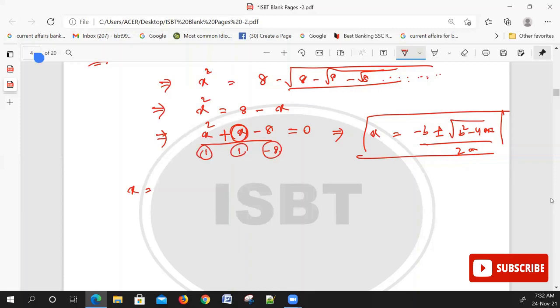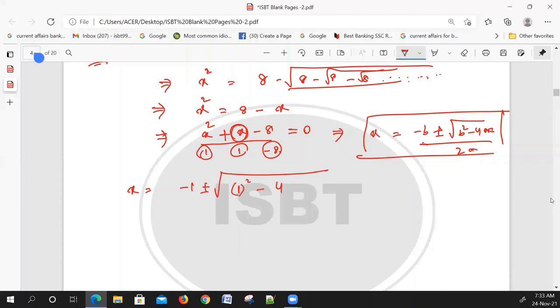So applying, minus b means minus 1, then plus or minus root of b square, b square means 1 square, minus 4 into a value 1, c value minus 8, by 2 into 1.